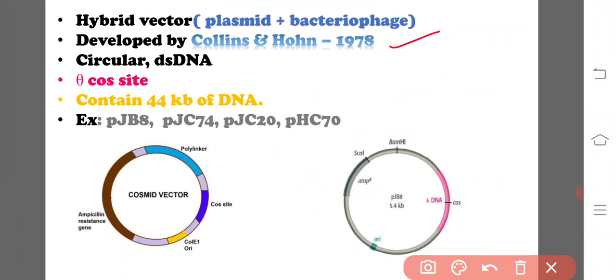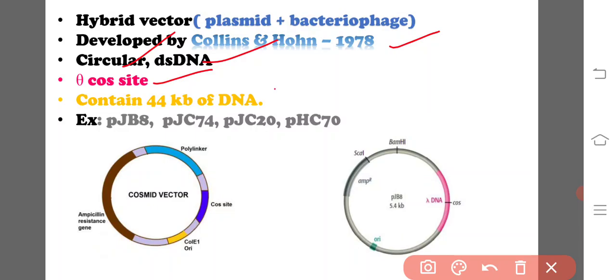It is circular double-stranded DNA. It necessarily consists of a cos site recognized by the proteins of phage lambda that package DNA into phage particles, the phage head region. A cosmid of 5 kb can take an insert of 35 to 42 kb of foreign DNA, which is much more than a phage can accommodate.